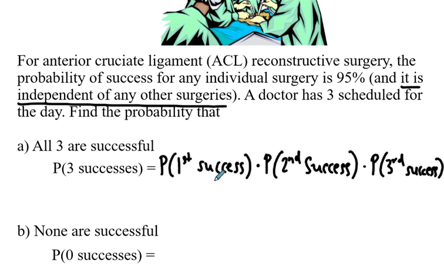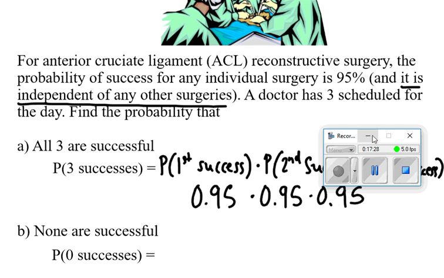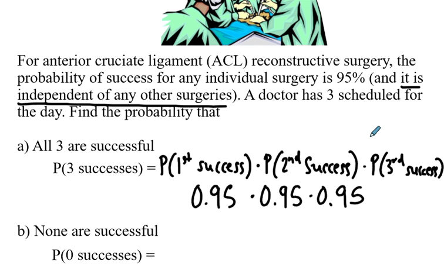The first is a success 95% of the time, second 95% of the time, and third 95% of the time. 0.95 times 0.95 times 0.95 tells us the likelihood of getting 3 successes all in a row is going to be 0.857, so approximately 86%, 85.7%.